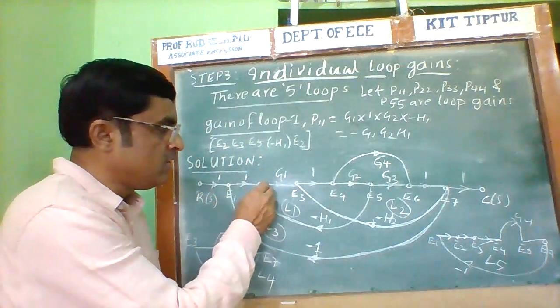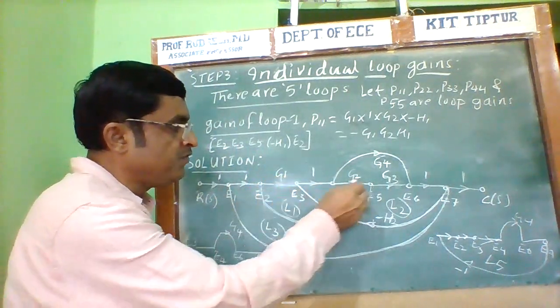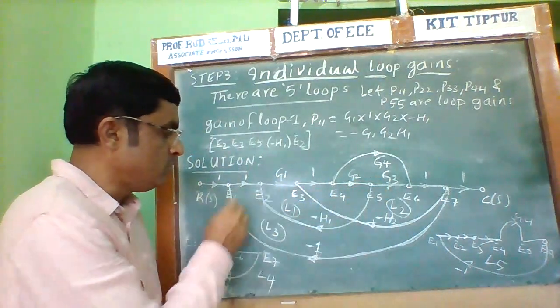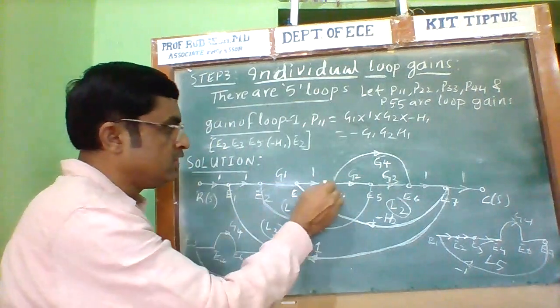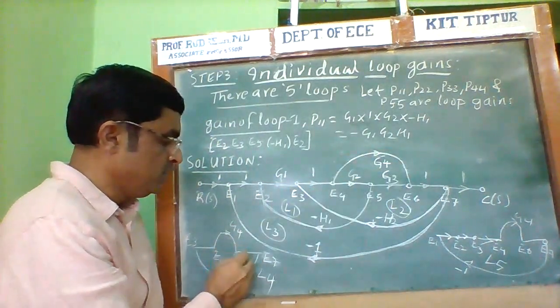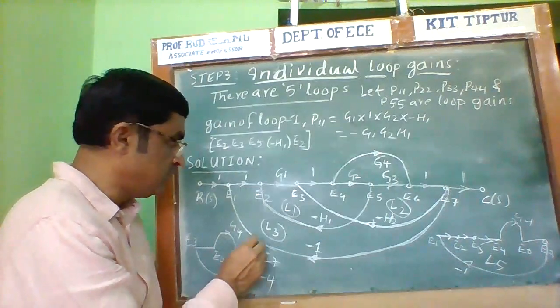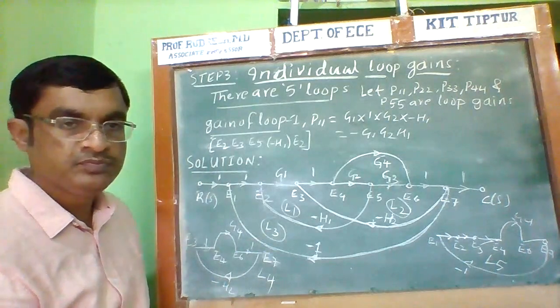Here, starting at a node and ending at the same node. Go to E3, E4, E6 and come to the same node. Similarly, here also it starts from E3, goes to E4 via G4, comes to E6. Here the transmittance is 1. Here also, and minus H2.